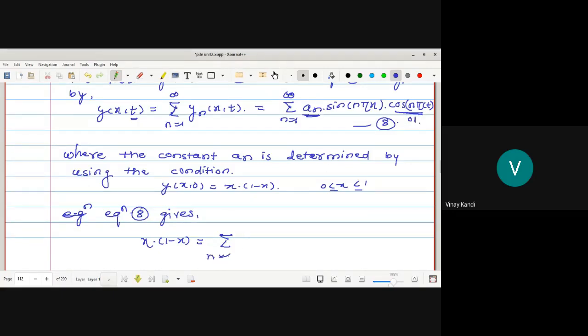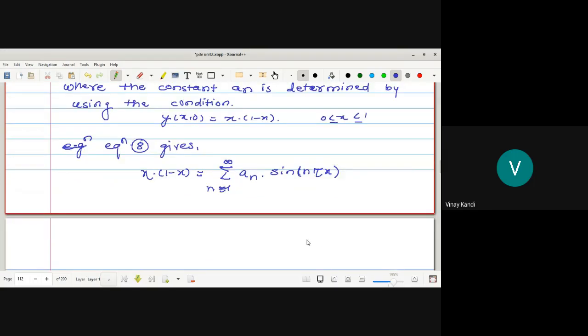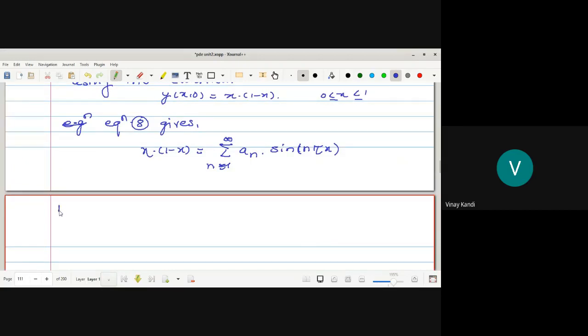So we get summation n equal to 1 to infinity of a_n into sin n pi x. This equation shows that f of x is equal to x into 1 minus x. Suppose we assume that x into 1 minus x is f of x.